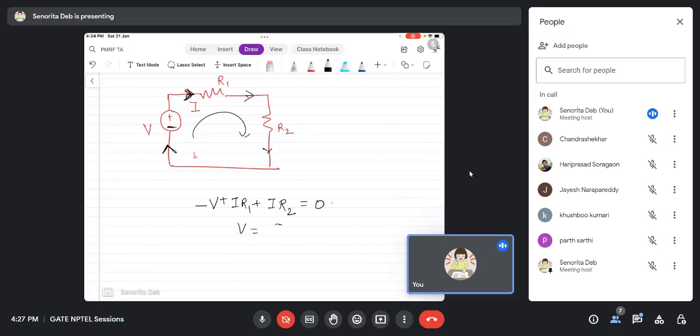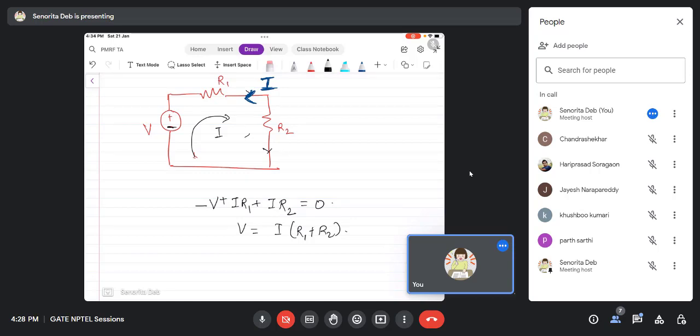So V is I into R1 plus R2. Now suppose in your question it says find current I, and the direction of current I is given like this. Now you have two methods to solve this. The first method is, you take your current to be in the other direction. Whatever value comes, the negative of it will be your answer, because the direction is already given in the question.